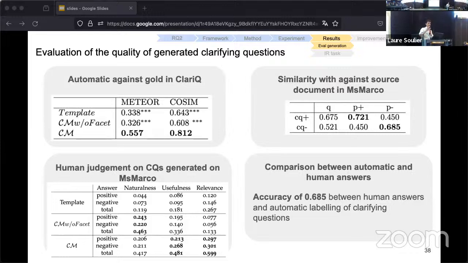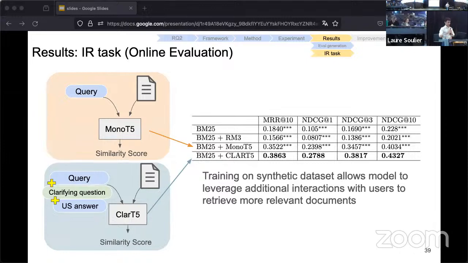We also compared the automatic answer generation with what a human would answer, and we obtained an accuracy of 0.68.